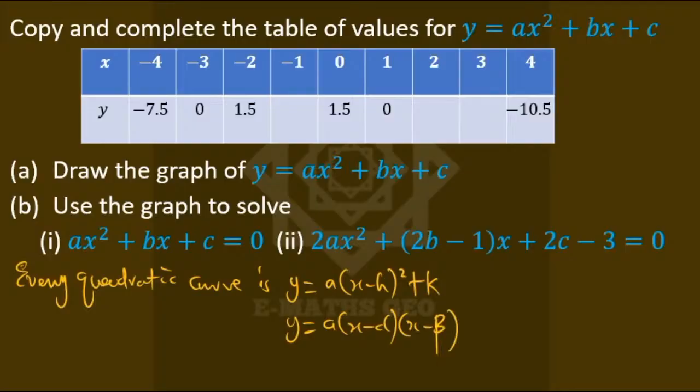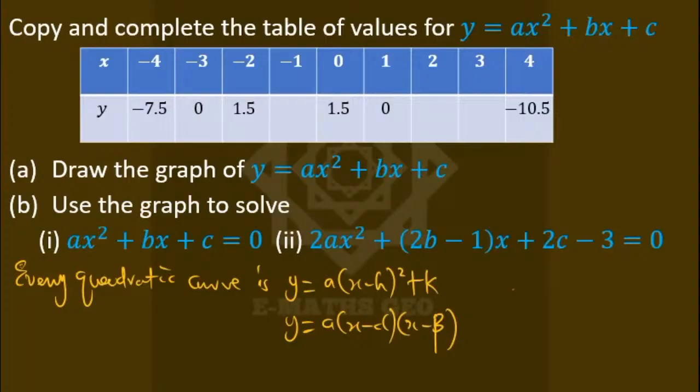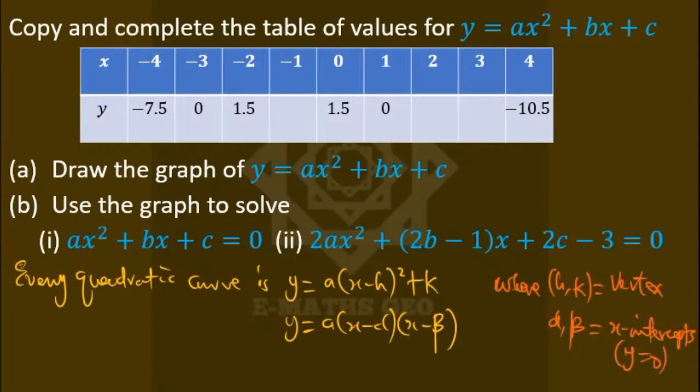So aside from this one we are given, you can still write it in that form. In the first one, h comma k is the vertex, and alpha and beta are the x-intercepts. That's where y is 0. But for this question we're going to use this because we are seeing the x-intercept.